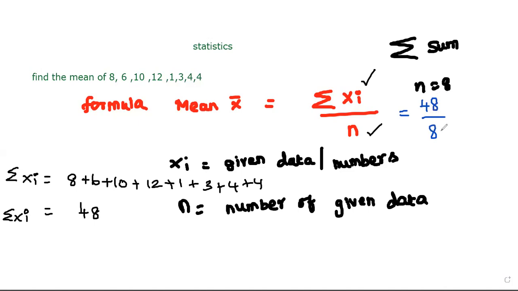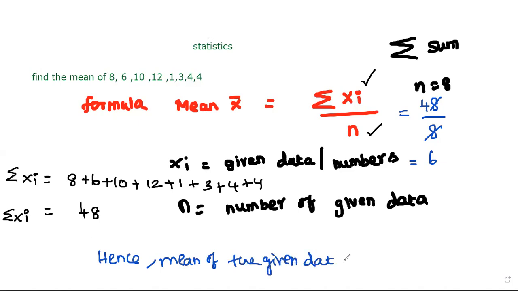What is 48 divided by 8? 6. 6 8s are 48, isn't it? So the answer is 6. Can you follow? So hence the mean of the given data is 6.